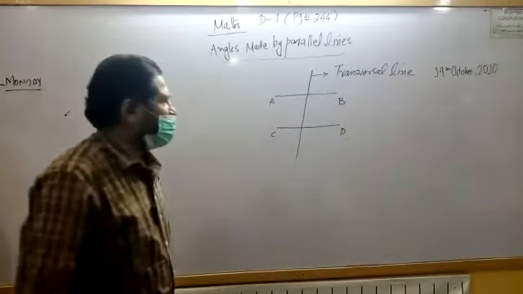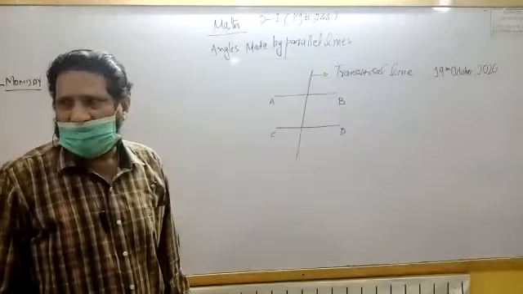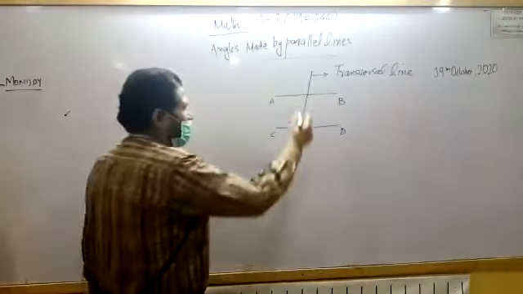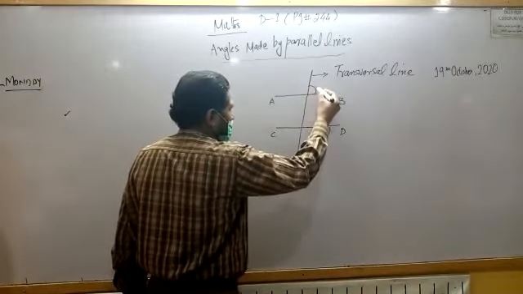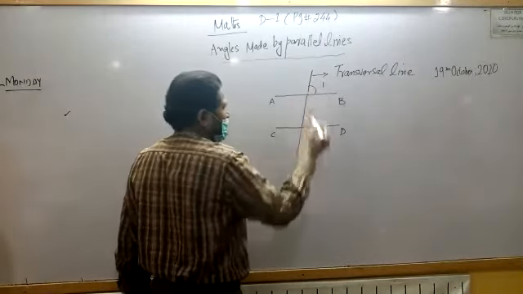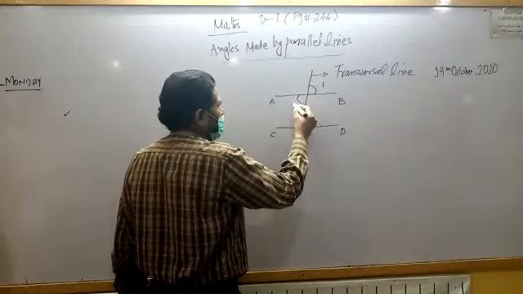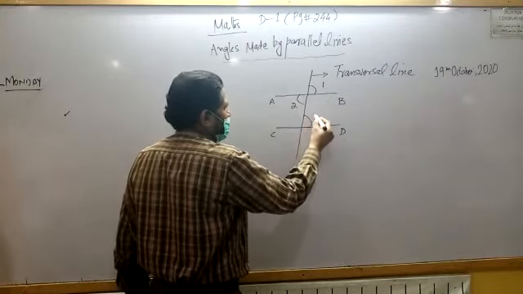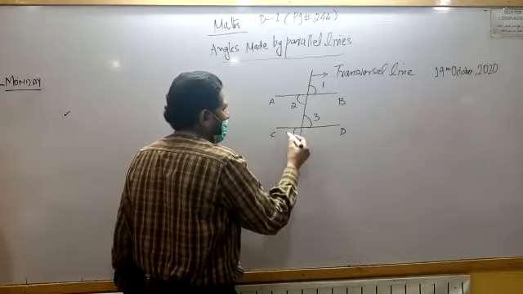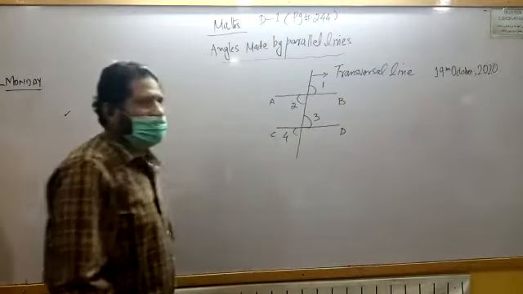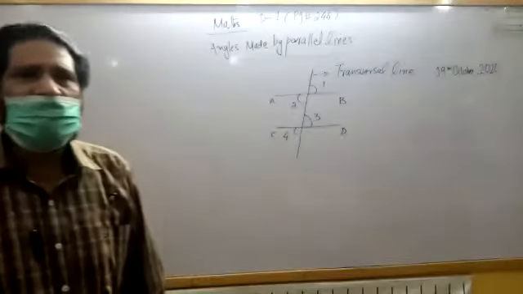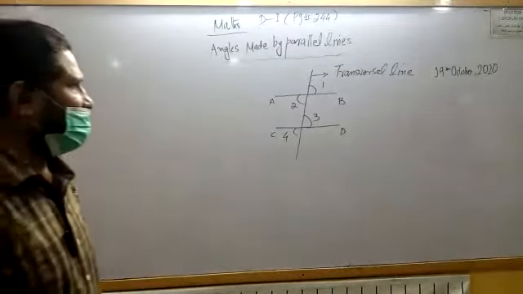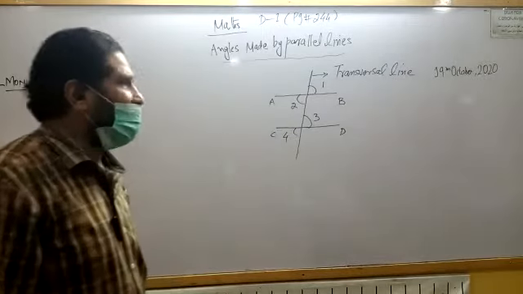So you can see, students, the transversal line is making the following angles. Suppose I name them 1, 2, 3 and 4. So this transversal is making 4 angles with these parallel lines.